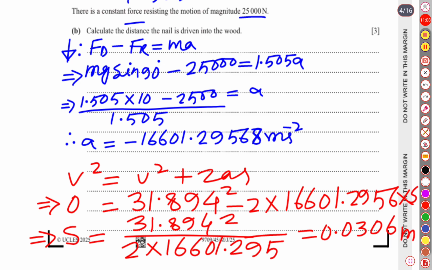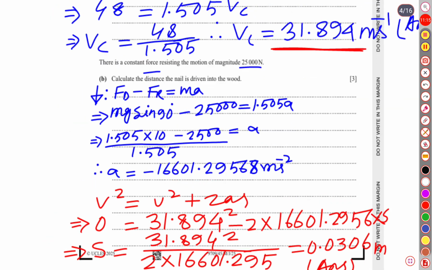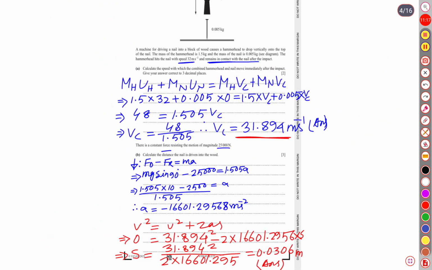So this is our final answer to the second part of the same question.